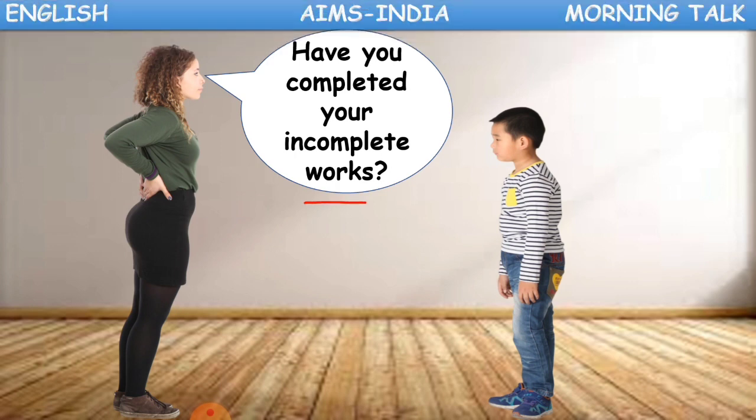Have you completed your incomplete works? If you have not completed, then mother is not going to allow you to do such things, because your incomplete works and homeworks come first, then only the other extracurricular activities. Clear?